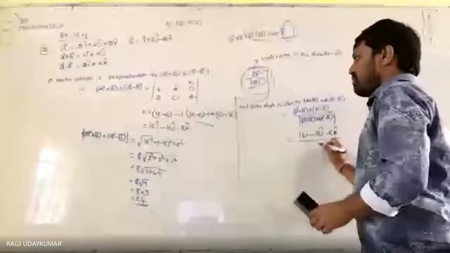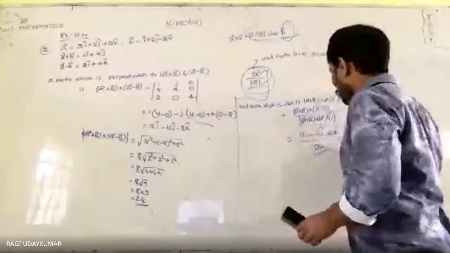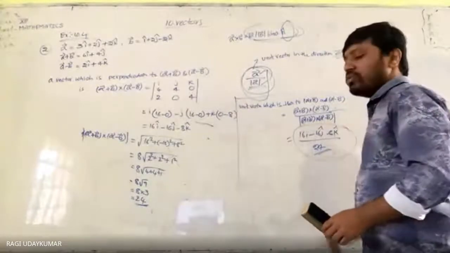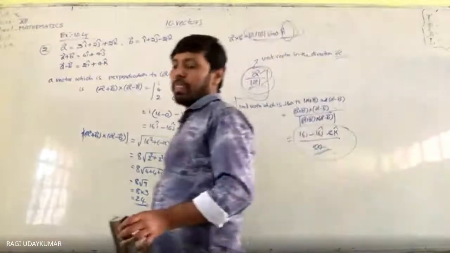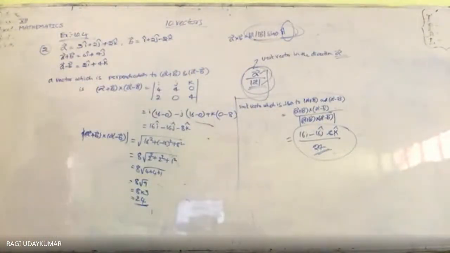So what do you get here? This vector equals 16i minus 16j minus 8k divided by 24. So this is a unit vector; if you find its magnitude, it will be 1. So these are the ways to find the unit vector which is perpendicular. Normally there is no need for the unit vector here. How to find a unit vector, you already learned in the previous class.